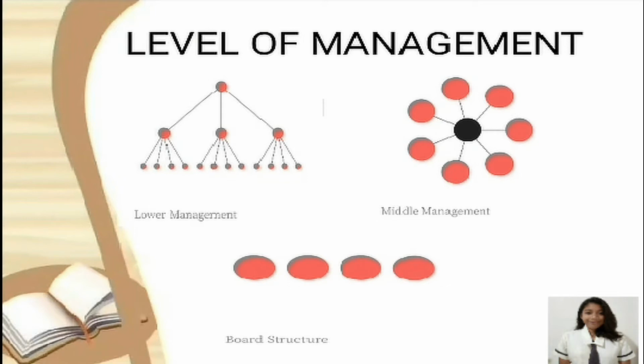So we have here the top level management. It includes the board of directors and chief executives. The chief executive can be designated or assigned as chairman, managing director, president, executive director, or general manager.